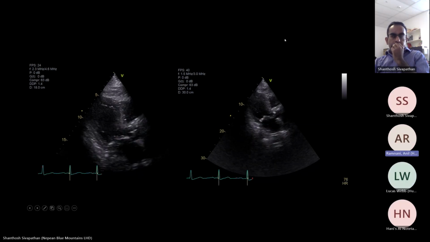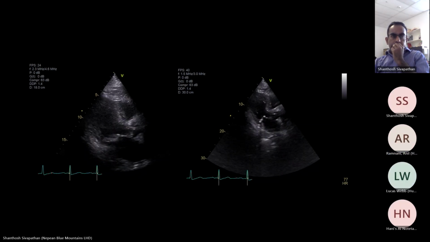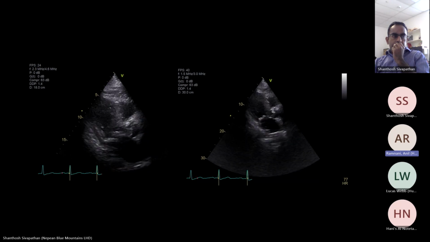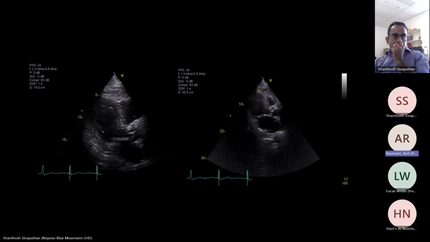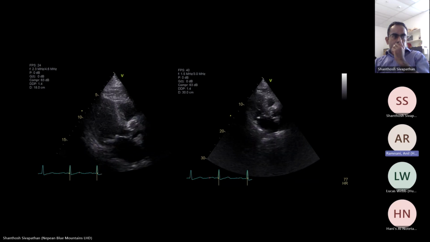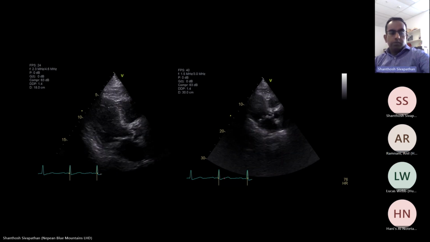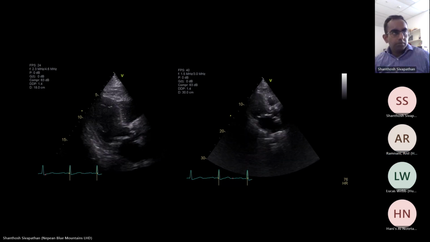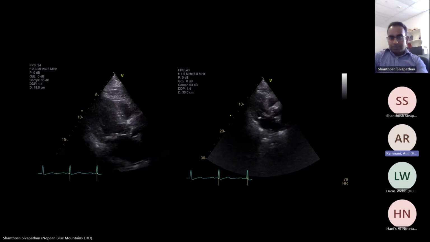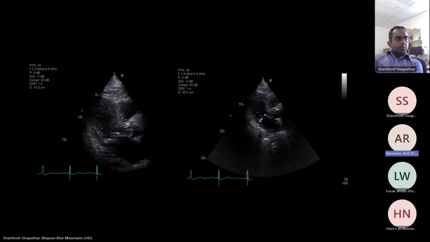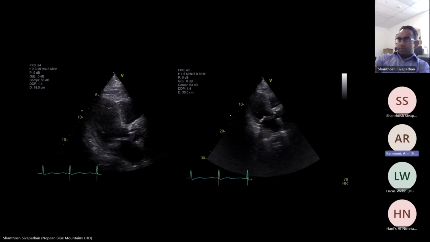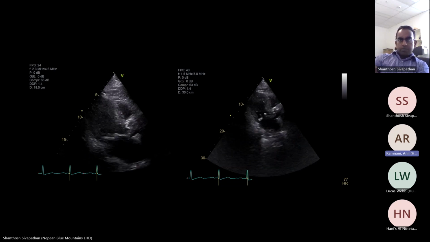So just looking at the long axis view, just eyeballing it, it looks like the septum is thickened. The contractility appears normal to me. The aortic valve, again, the right cusp is a bit brighter.